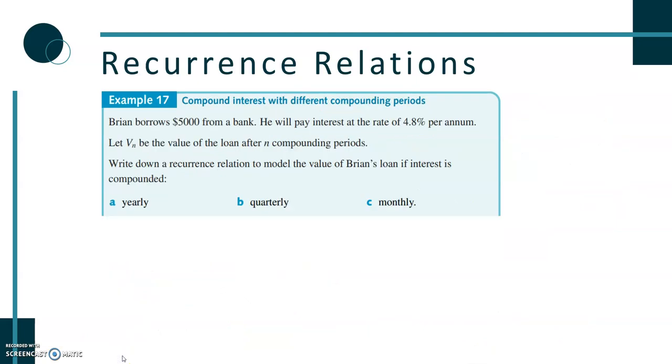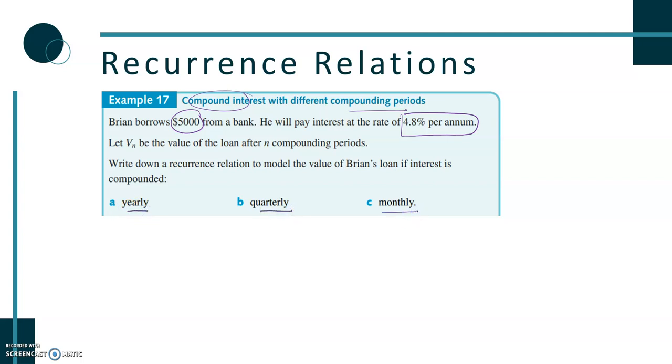Okay, our next example is another one of just writing rules this time. So again, compound interest, but this time our compounding periods are changing. Brian borrows $5,000 from the bank, so there's our initial value of 5,000, and he'll pay an interest rate of 4.8% per annum. The difference here though is what happens if the interest is compounded yearly versus quarterly versus monthly.